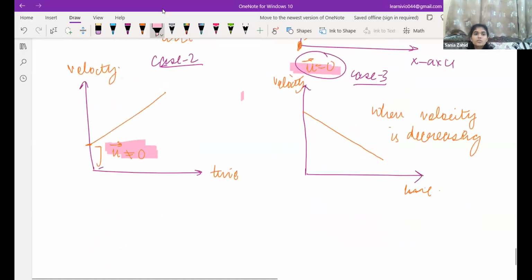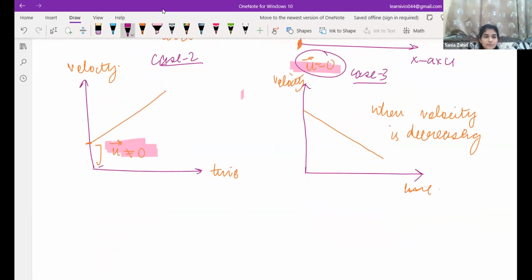Okay. So next we come to non-uniform acceleration.